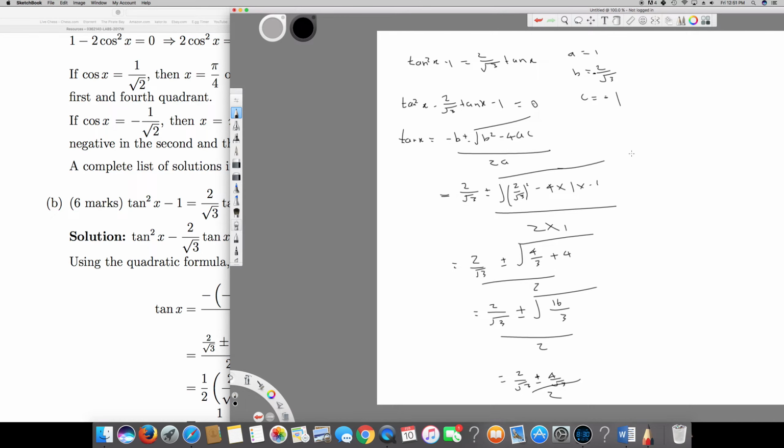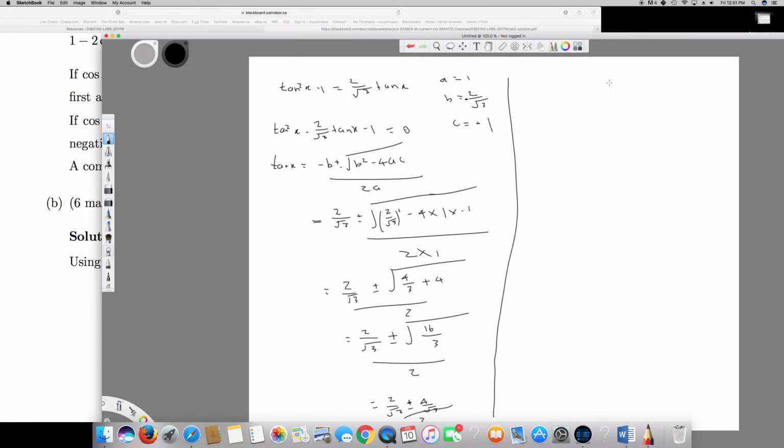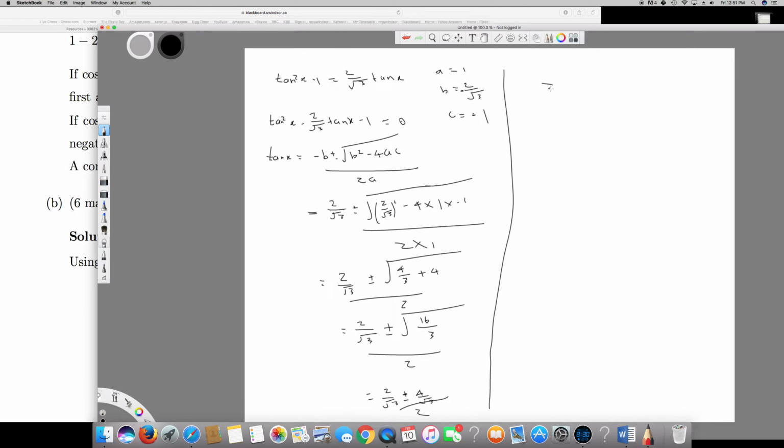Since both are divided by 2, I can just say both are multiplied by half, times 2 over root 3 plus or minus 4 over root 3.